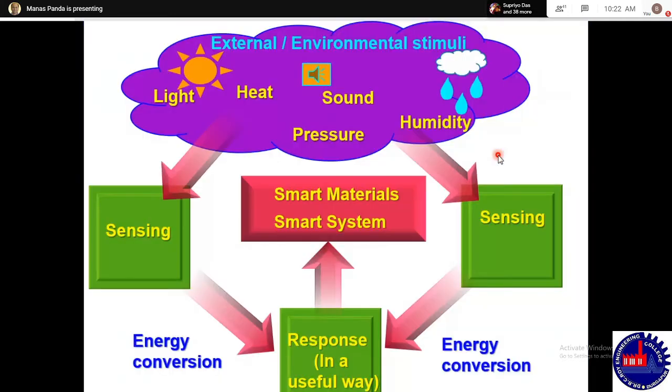But before going to bio-inspired materials, let me tell you what smart materials, or stimuli responsive materials, are. These smart materials are actually stimuli responsive materials. That means they can absorb or sense different kinds of environmental stimuli.